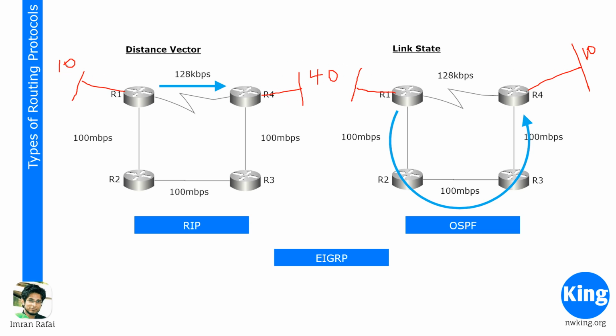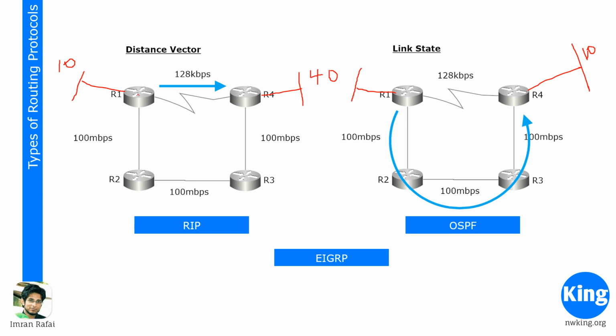So if communication between 10 and 40 has to happen, and I want to do a static route, I will come here and say statically that if you want to go to the 40 dot network, please go through this route. But let's assume I configure RIP: I go to R1 and configure RIP, R4 configure RIP, R2 configure RIP, and R3 configure RIP, right?